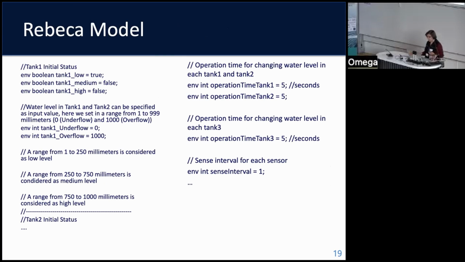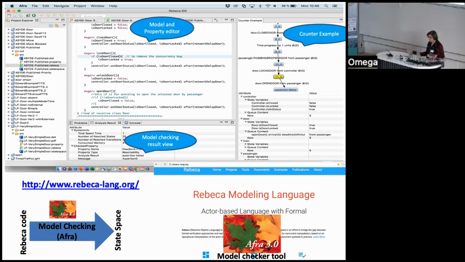And then you check that. And this is just to show you how you write a kind of Rebeca model. You have the initial status, you write the if-then-elses based on what you want to happen. The code can be, Feridun was telling me, almost a one-to-one mapping to the C++ code in Lingua Franca.